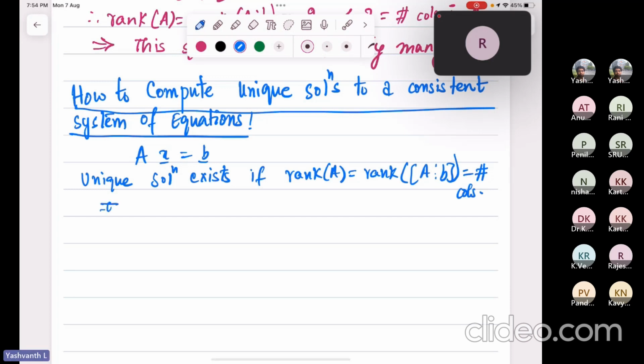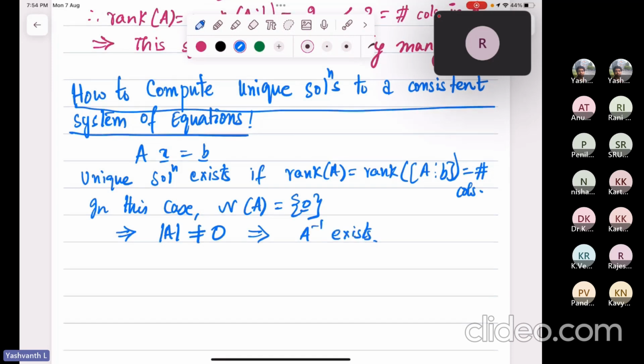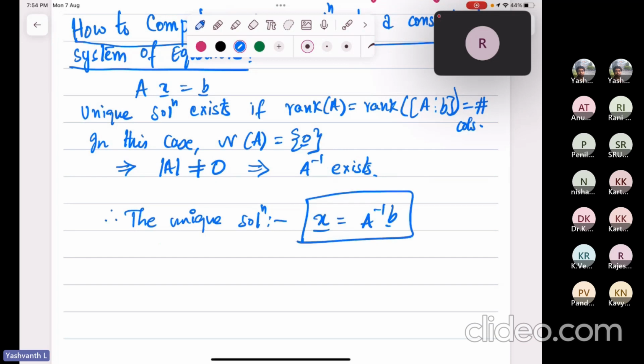In this case, null space of A equal to just the zero vector implies determinant of A is not zero, implies A inverse exists. Therefore, the unique solution is X equal to A inverse B. Okay, this is the unique solution.